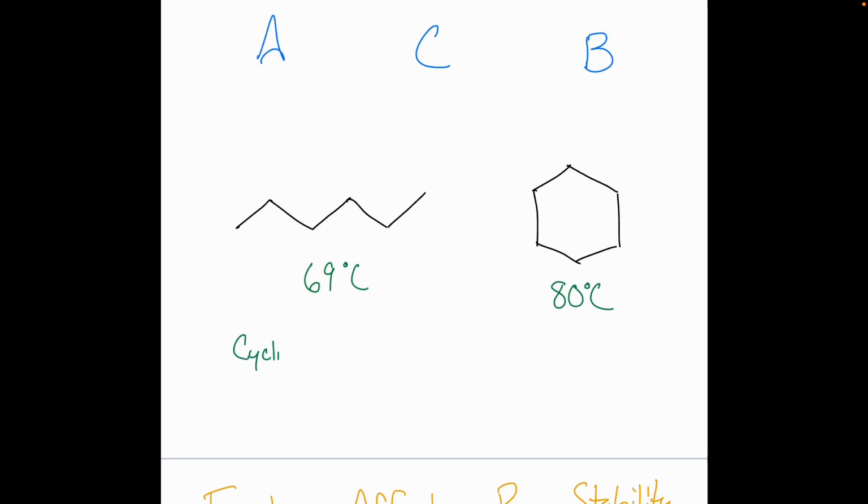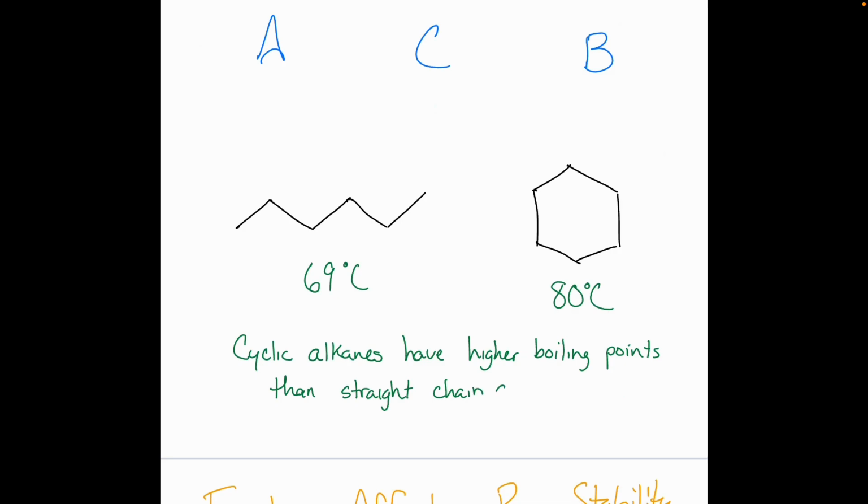So we can say cyclic alkanes have higher boiling points than straight chain alkanes with the same number of carbons. All right, and why is that? More surface area.